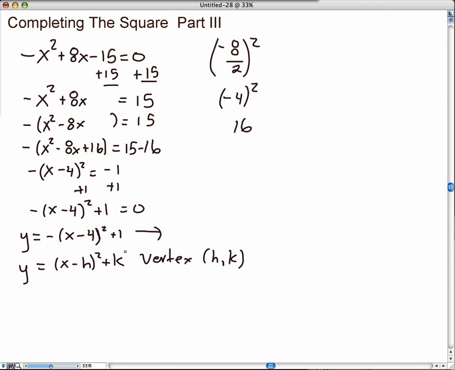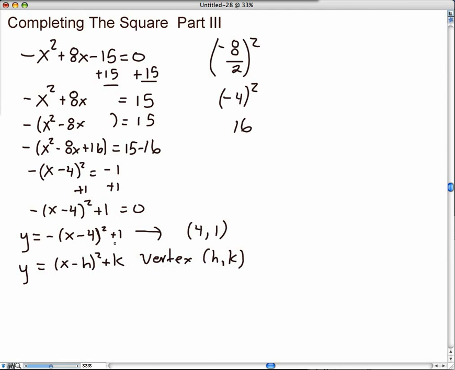So the vertex for our situation, it's going to be h, which is the opposite of what's in the parentheses. In this case, it's going to be 4. And k is 1. It's kind of hard to understand the vertex. Whatever you have inside the parentheses, it needs to be opposite to that. You notice here it's -h, and here it's +h. So whatever's in here, take the opposite of that.